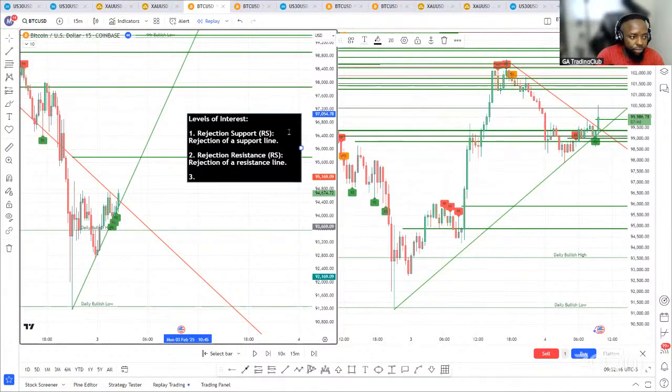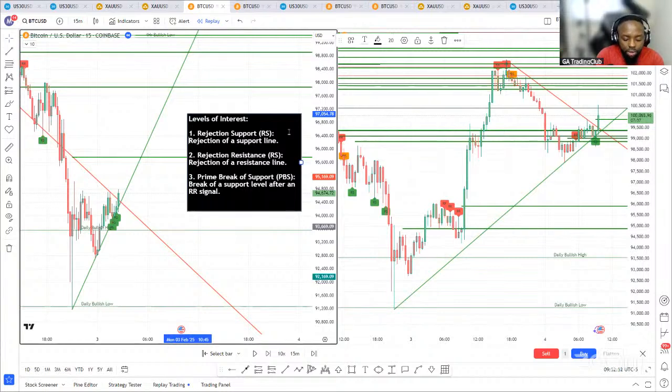And then we have prime break of support, or PBS. This is a break of a support level after an RS, after an RR signal.